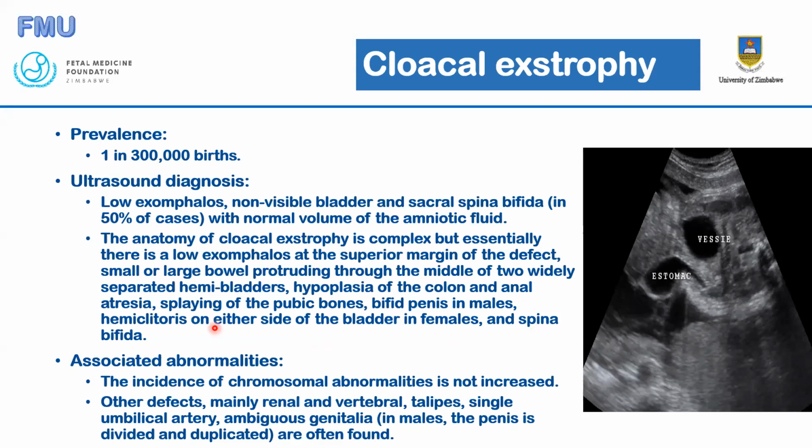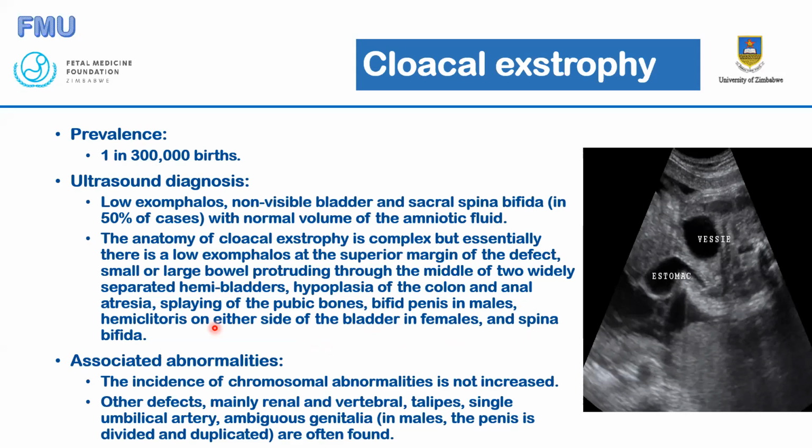So it's an ugly defect, as you can see from the description. I believe most of you never thought this kind of thing could actually happen, where you see a bifid penis, two penises on a baby, or two hemiclitoris. It's something that you may find difficult to imagine, but this is how bad the condition called cloacal exstrophy is.